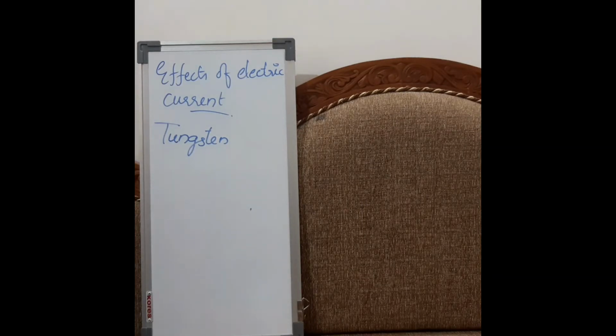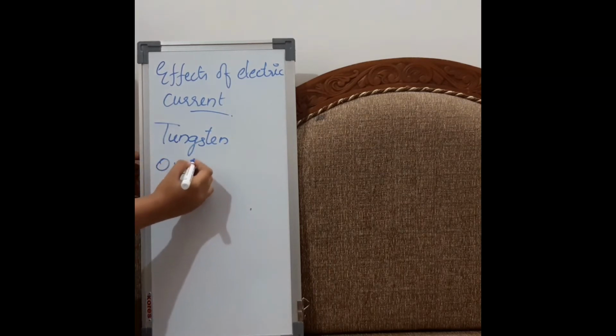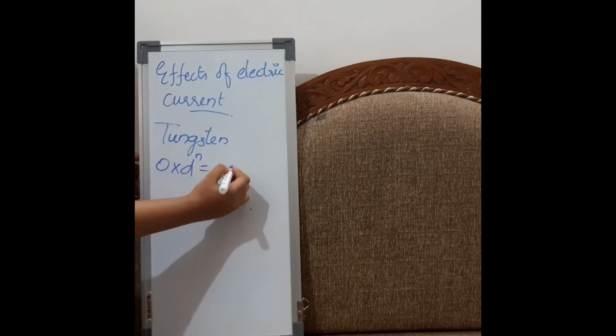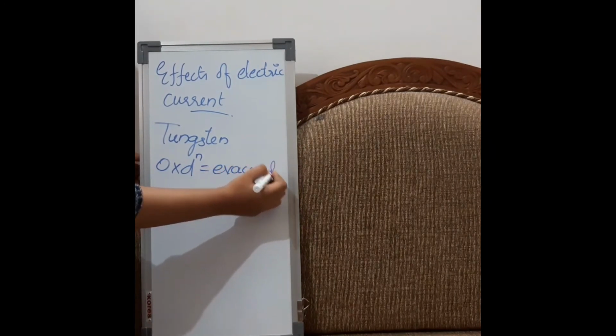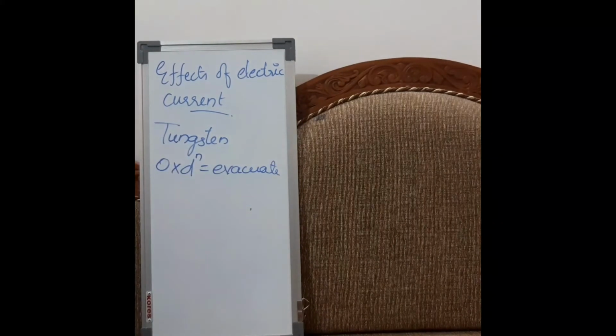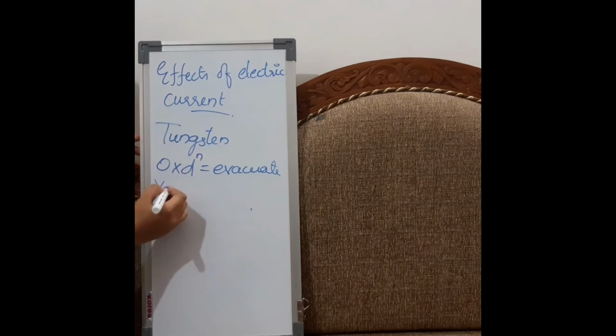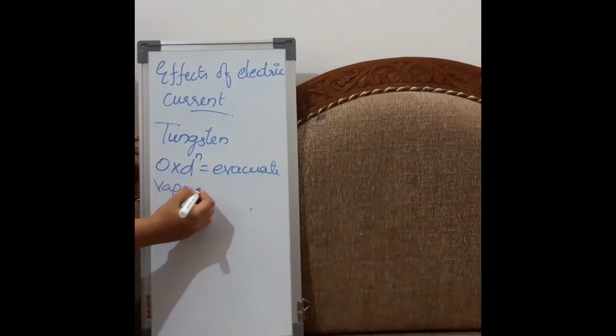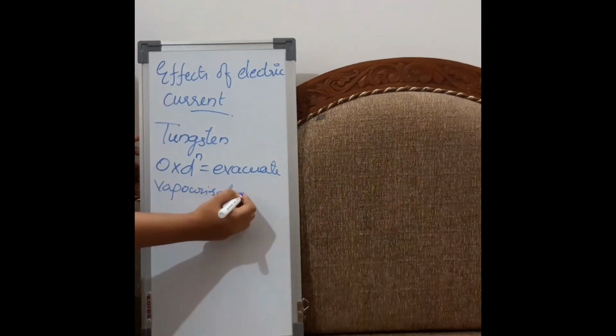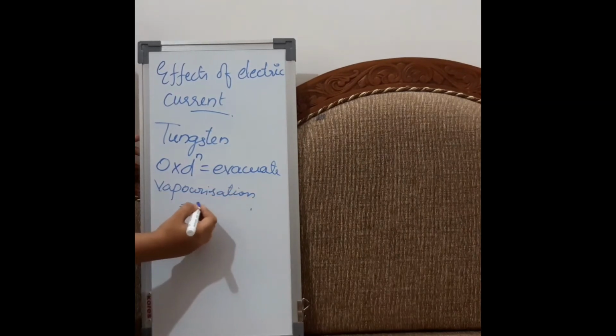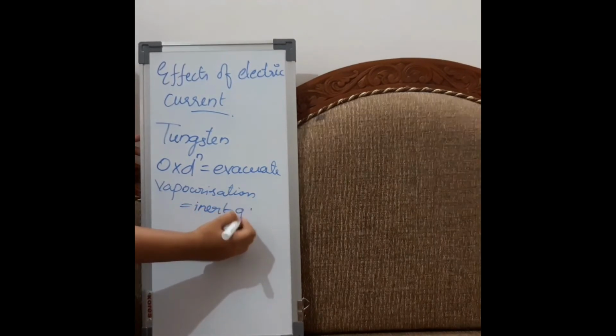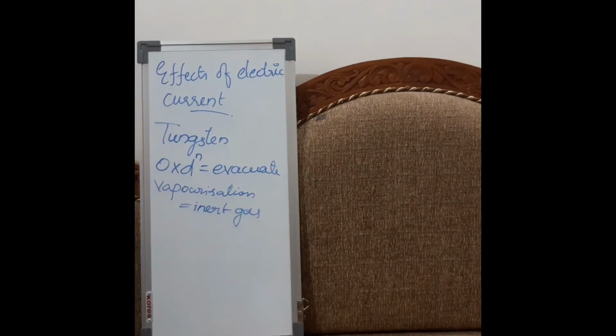You have to study this very important thing. In most exams, this question is asked. To avoid oxidation, evacuate the lamp, and to avoid vaporization, the bulb is filled with some inert gas, and the inert gas mostly used is nitrogen.